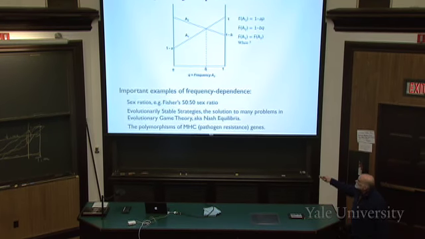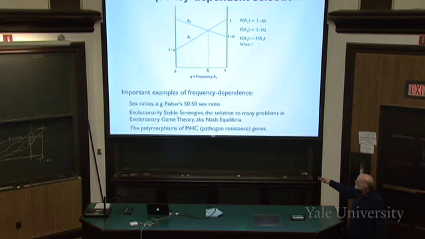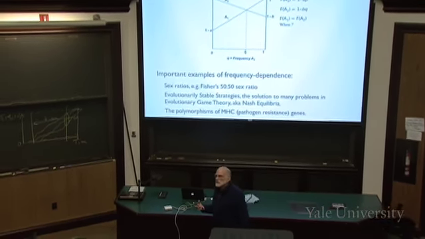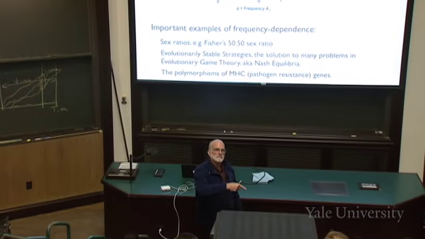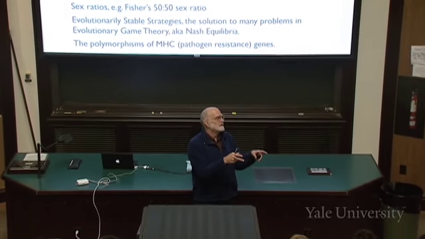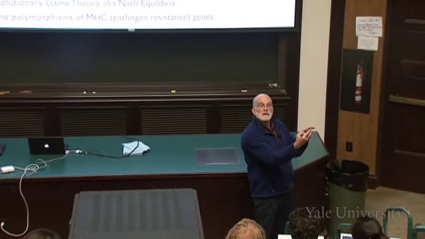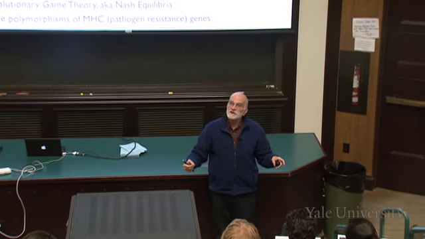And the tremendous amount of genetic variation in the immune system is thought to exist for reasons of frequency-dependent selection. Basically, pathogen-resistant genes gain advantage when they are rare, because when they're common, the pathogens evolve onto them. They are more or less sitting ducks. They're a stable evolutionary target. But as they become more common and more pathogens evolve onto them, and those organisms get sicker and sicker, the ones that are rare have an advantage.